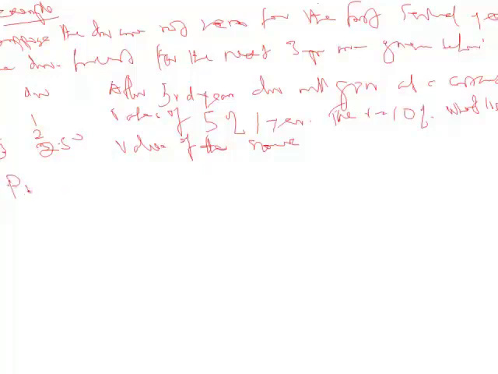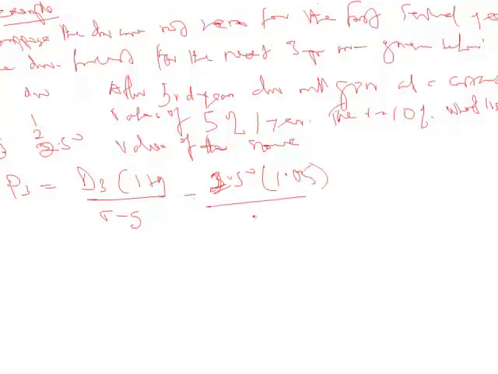So the price of the stock in 3 years will be equal to the dividend in year 3 times 1 plus growth, all over the required rate minus growth. The dividend in the 3rd year is 2 naira 50 kobo times 1.05, which is 5% growth, all over 10%, which is the required return, minus growth, which is 5%.